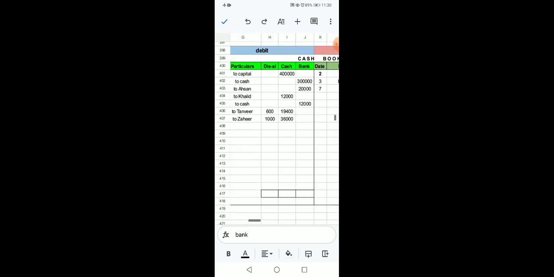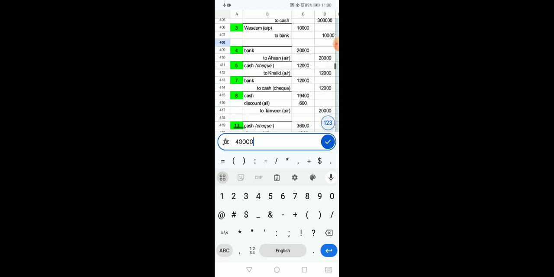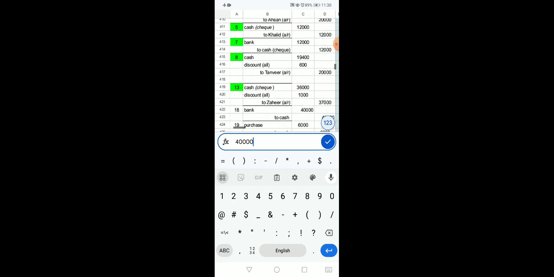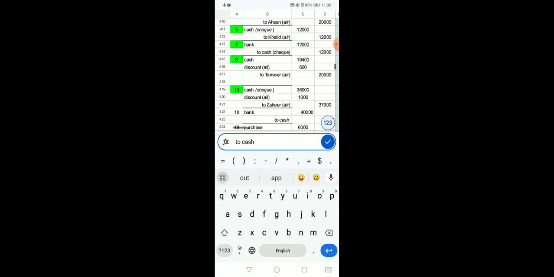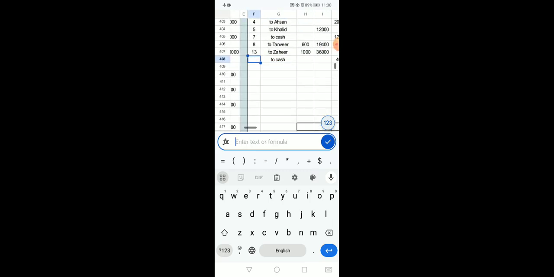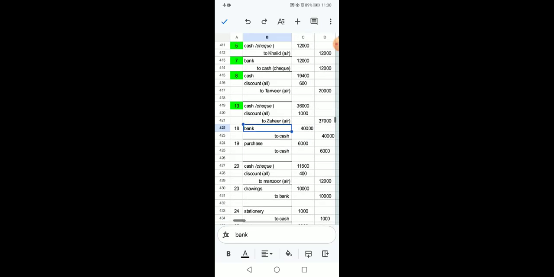We will go to the debit side of the bank and write 40,000 over here, and now we will see the reference of this 40,000, which is to cash. So you will write to cash over here. What is the date? That is 18, so you will mention 18 over here. So you have debited the bank, it means the first step has been completed.